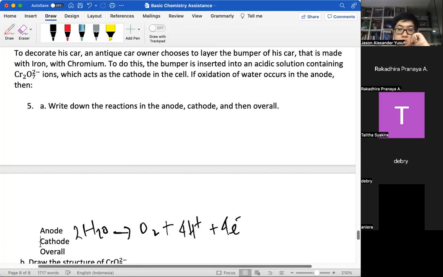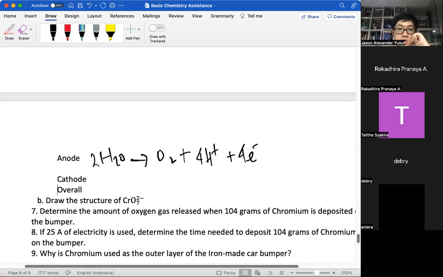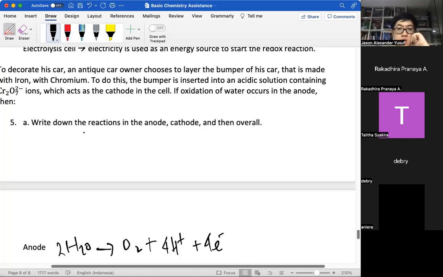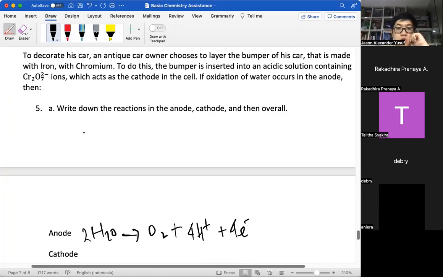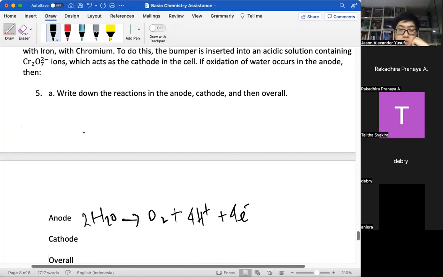So we have 10 minutes more, so I'll speed this up. For the cathode, it's a special reaction involving chromium ions. So in the cathode, reduction happens, right? And so Cr2O7 2 minus, you will get Cr, right? Because of this, first we balance the number of atoms. There are 2 Cr here, we need 2 Cr here.